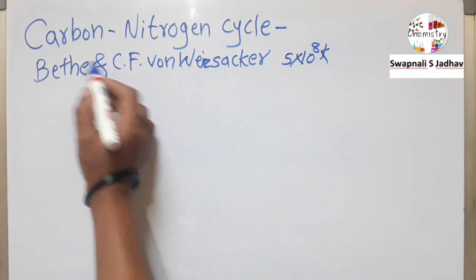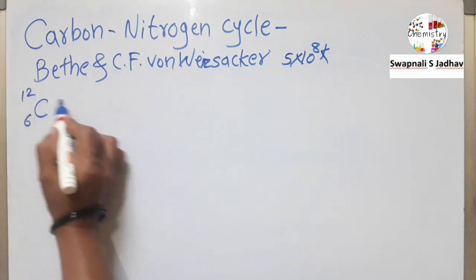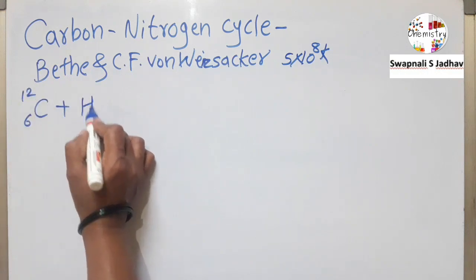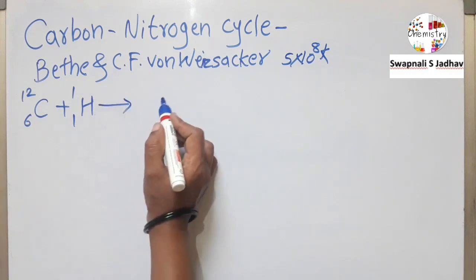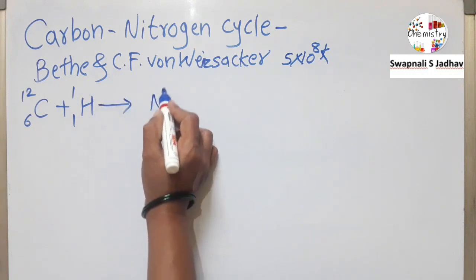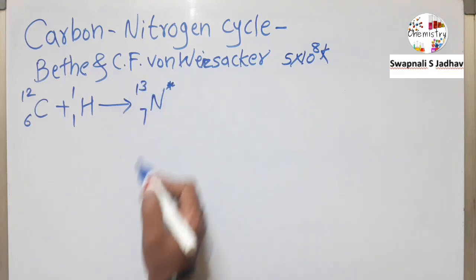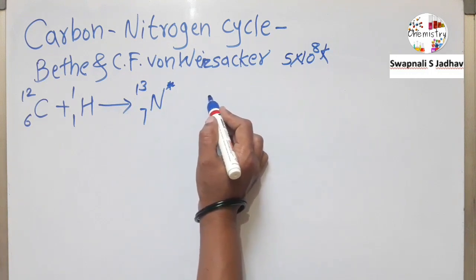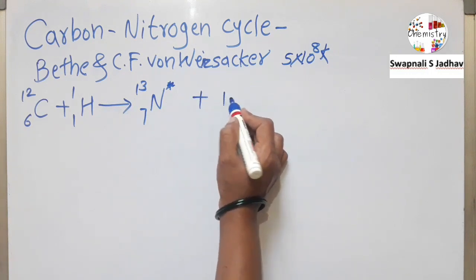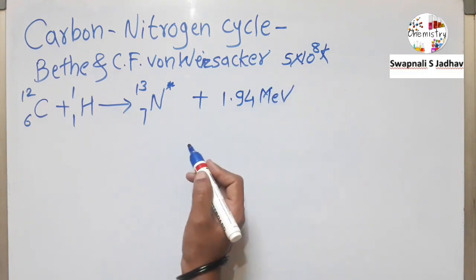So here what happened? Carbon 6 12, when fused with a proton, forms nitrogen 7 13, which is radioactive, with liberation of 1.94 million electron volt.